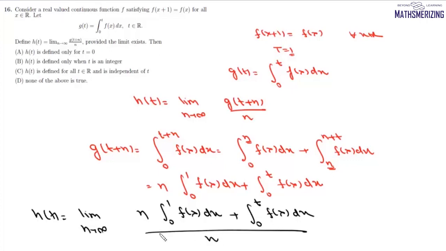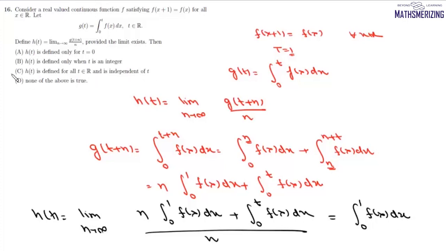Now we split it in two parts. This n and n will cancel and 1 upon infinity will be 0. So this h(t) will be nothing but the integral from 0 to 1 of f(x) dx, which is a constant function.